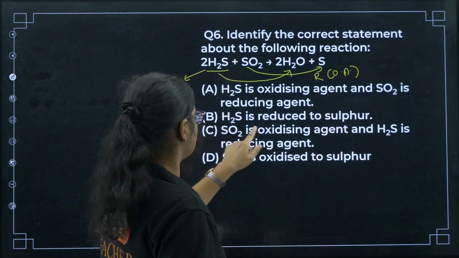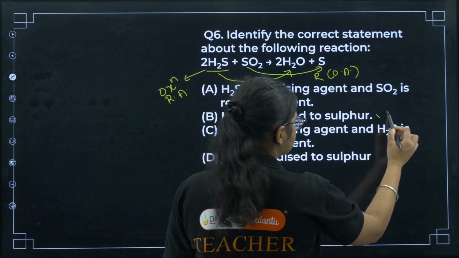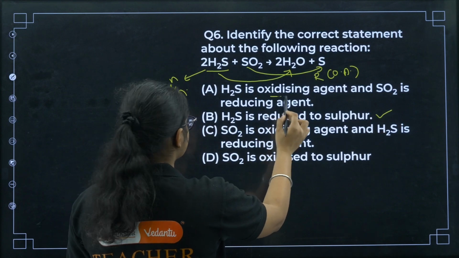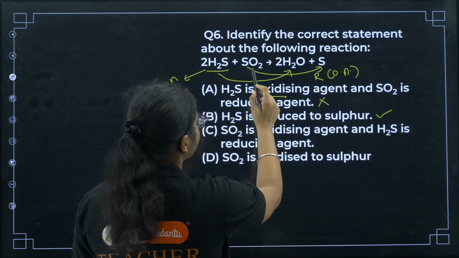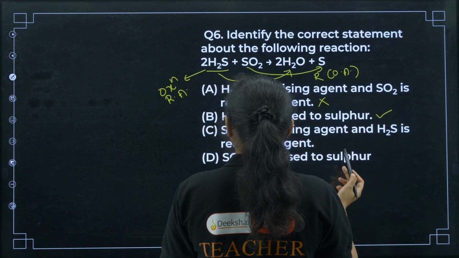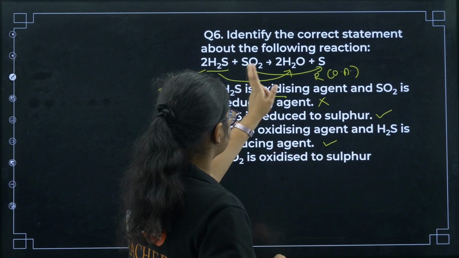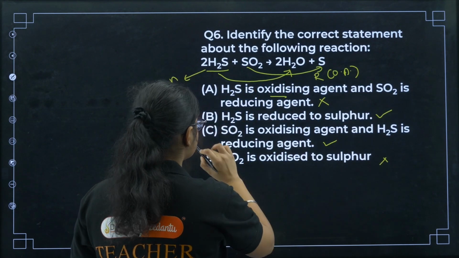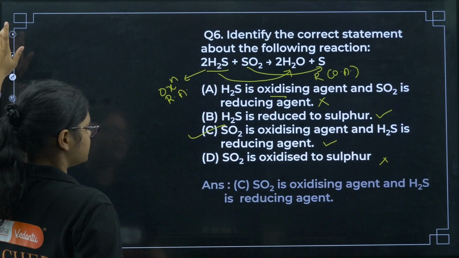H2S is reduced to sulfur? No. H2S is an oxidizing agent? No, this statement is wrong. SO2 is an oxidizing agent and H2S is a reducing agent? Yes, this statement is correct. SO2 is oxidized to sulfur? No. So both B and C are correct, but the most preferable answer will be C here.